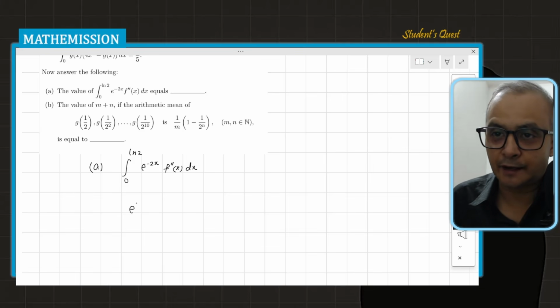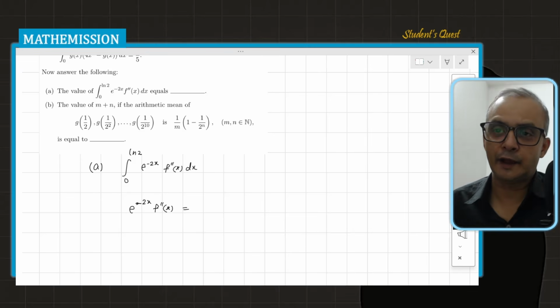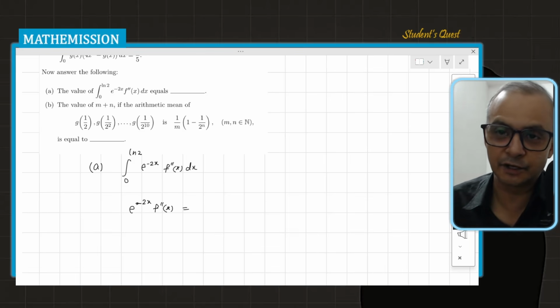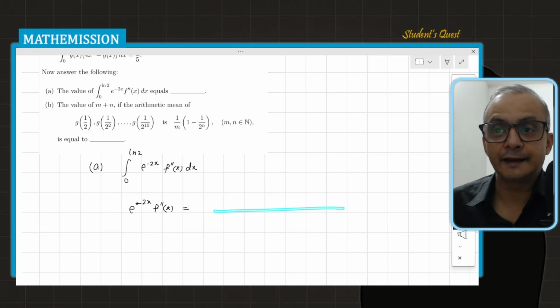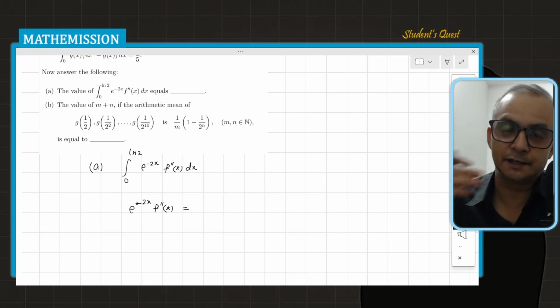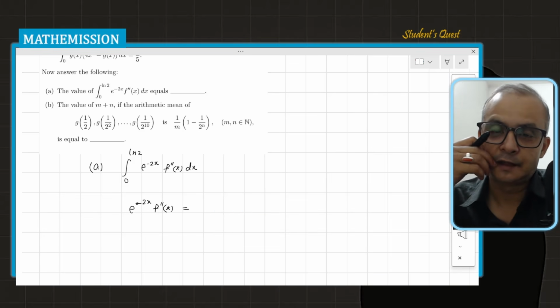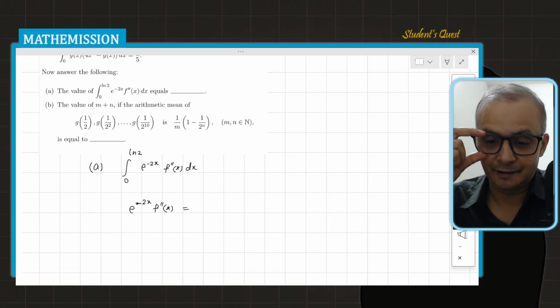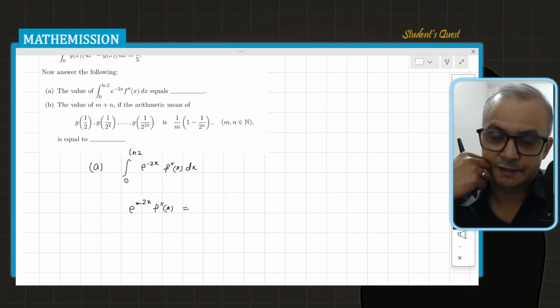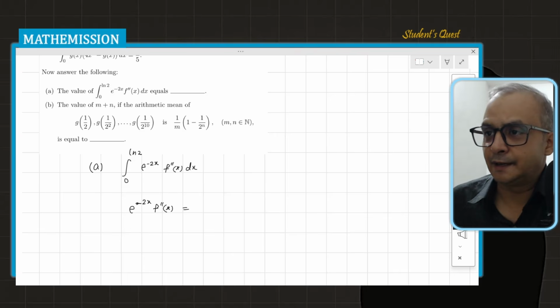Suppose I want to write e^(-2x) f''(x), and anyhow I manage to find a simpler version of this expression, so that I can apply the integration from 0 to log 2 on each part, and that integration will be easy without any messy calculation. That will be a real achievement for us. So let's try to build it and think logically.